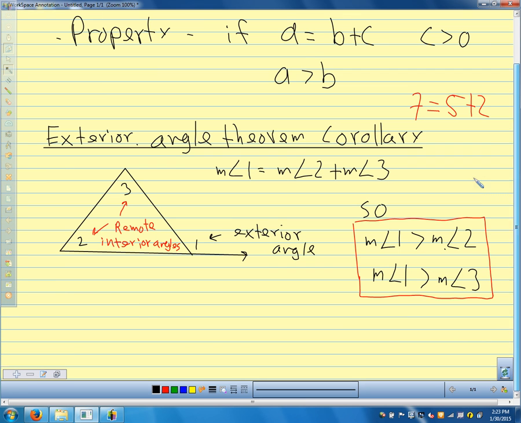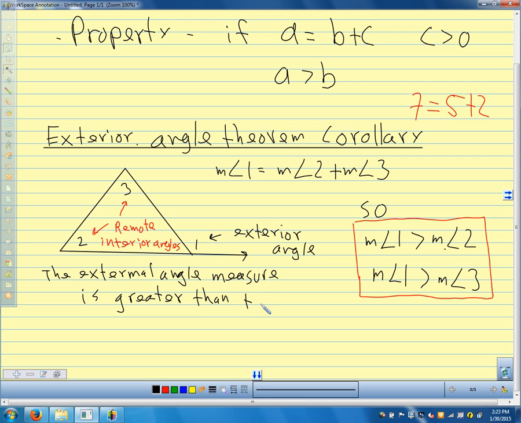Okay, good. And if we were to say this in words, our exterior angle theorem corollary, we would say the exterior angle measure is greater than the measures of the remote interior angles.